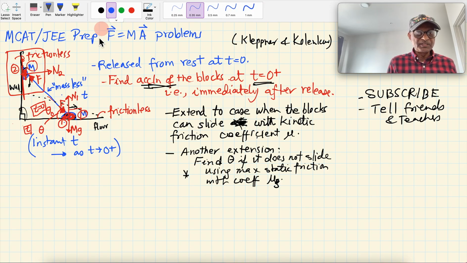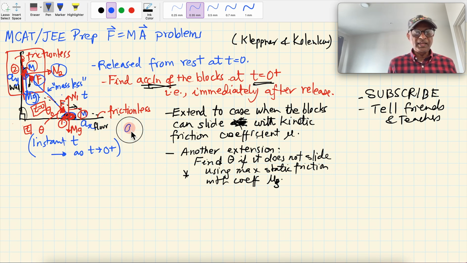There will be, of course, gravity, which will still be down. And you have this force, which is the same magnitude as that, but the direction is opposite. Then acceleration will be in the y direction. This guy's acceleration will be in the x direction.